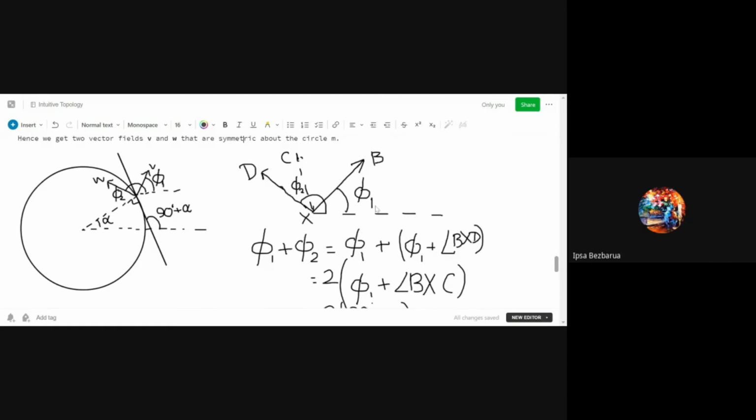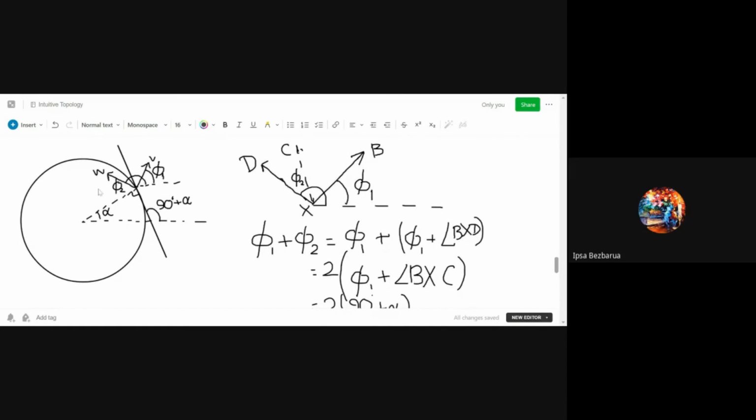Now I consider a zoomed up version of this over here. So this is my reference point X, and this is phi1, phi2. XB is V and XD is W, and XC is this tangent.